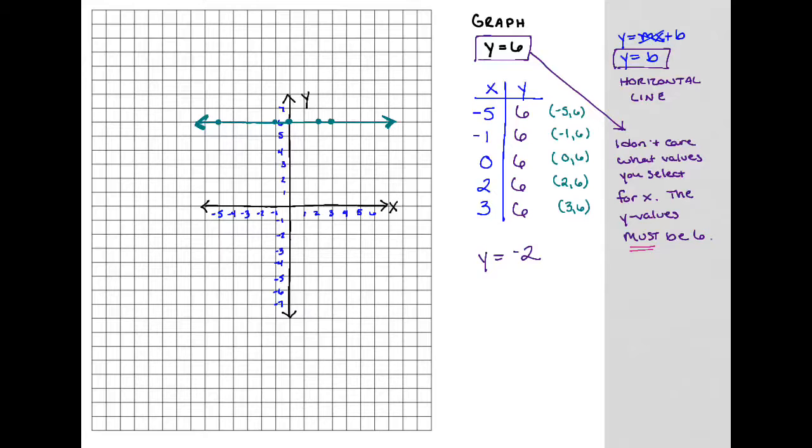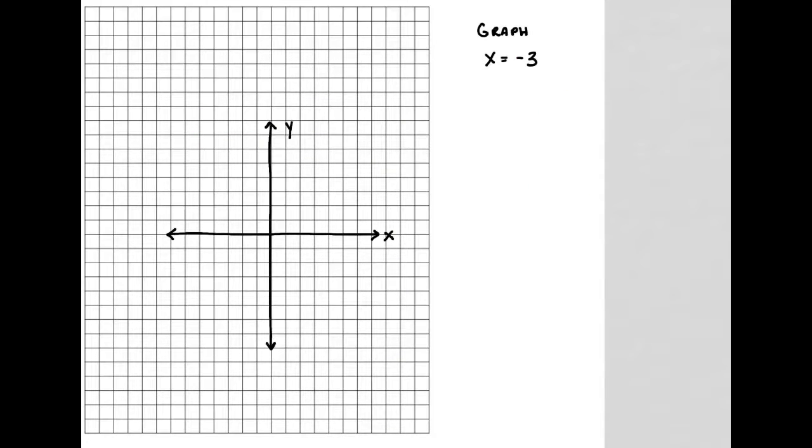So again, now we're going to take a look at another option. What happens if you have just x equal to something? So with x, we have the situation where now I'm asking you to graph x is equal to -3.